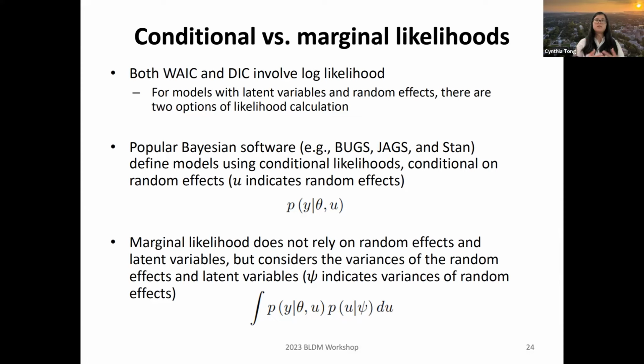Here, BUGS, JAGS, and Stan provide the conditional likelihood, and some other software like Mplus argues that they provide the marginal likelihood, but they only do it when this integration can be solved analytically. For some complex models, these integrals cannot be solved analytically, so you have to numerically integrate the latent variables out. In that case, Mplus just doesn't provide the result.